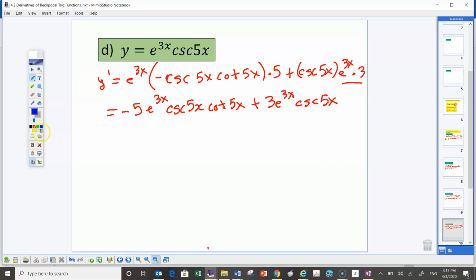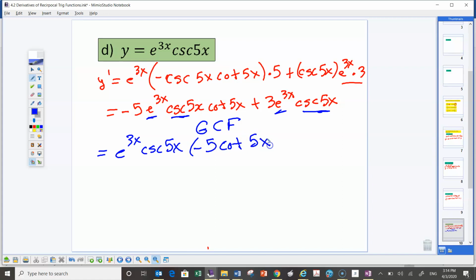Now I'm going to take out my greatest common factor, and note I have an e to the 3x here, and I have a cosecant 5x, so I'm going to factor out an e to the 3x cosecant 5x, and I'll be left with negative 5 cotangent 5x plus 3, and that would be my final answer.